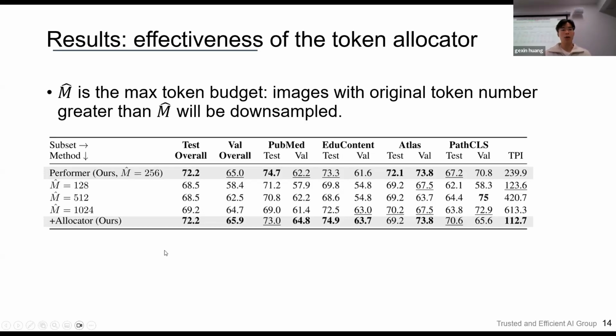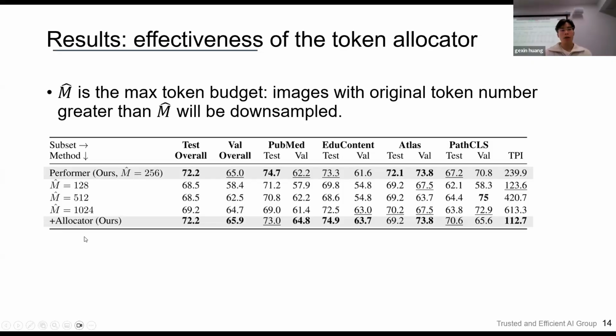As we can see in this table, the model with task performance and a fixed max token budget can achieve somewhat better performance than the one with a greater max token budget, like MHAT equal to 512 or 1024.